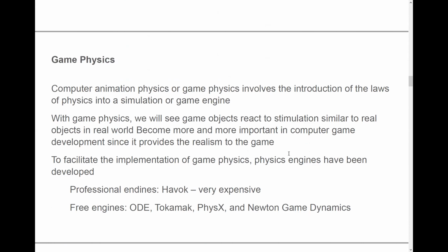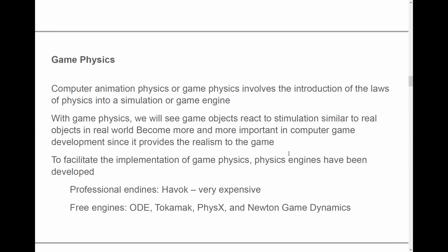So when we look at game physics in general, computer animation physics, or in general, game physics, involves the introduction of the laws of physics into a game engine. What we basically do is Newton's laws of motion are introduced into a game engine through game physics.